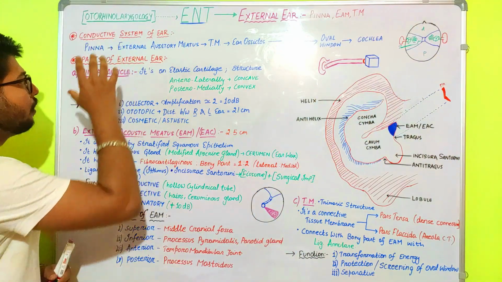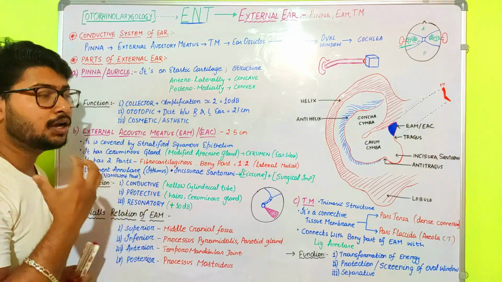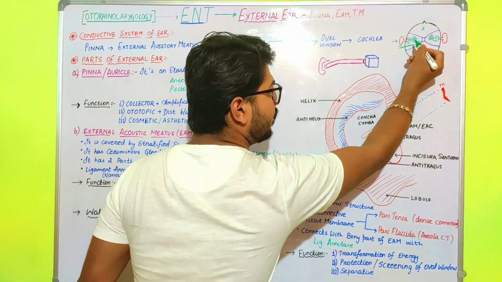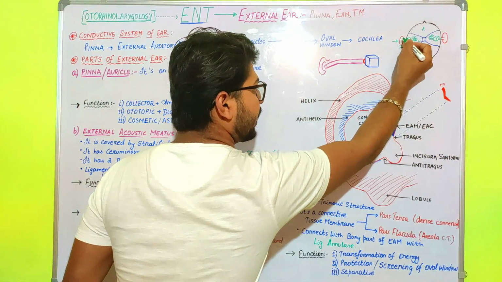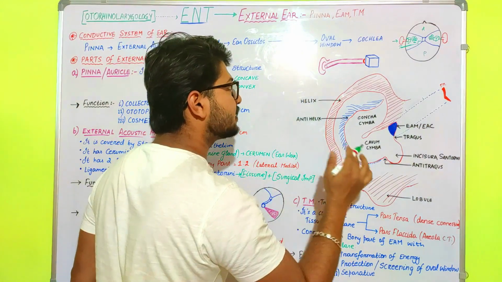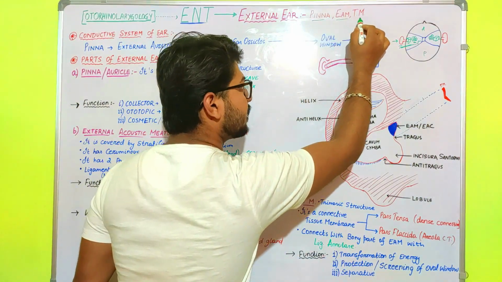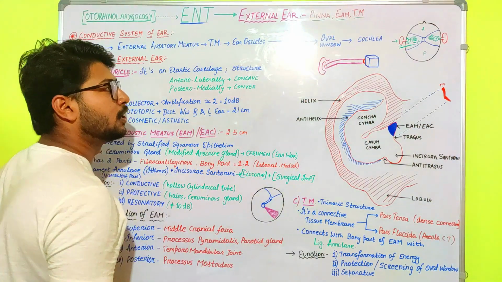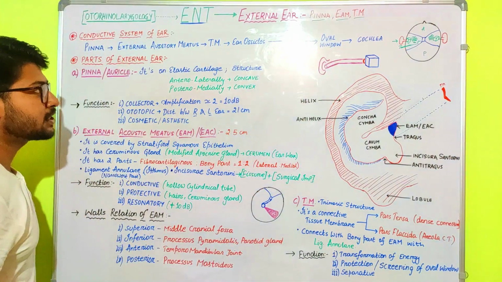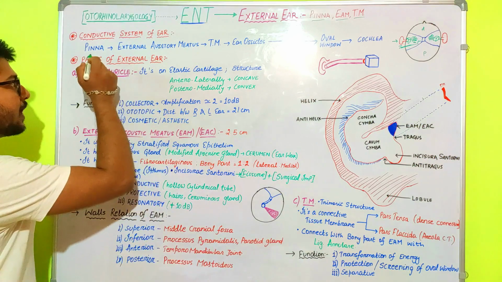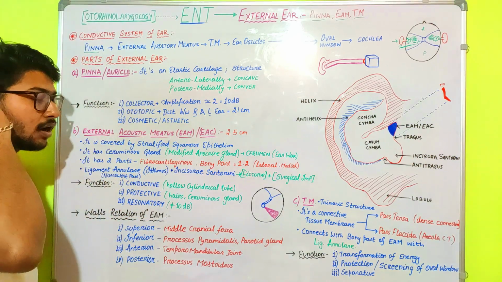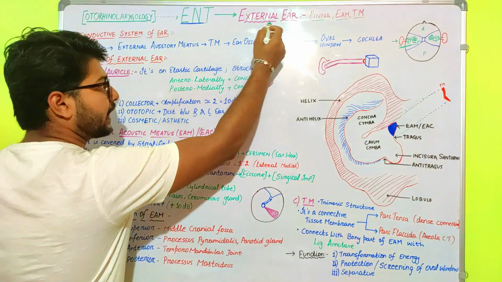So for conduction of sound in the ear, it has to travel from this part till this part. Starting from the external ear, which has three parts: pinna, external acoustic meatus and tympanic membrane. The sound needs to cover these three anatomical structures. First it will be the pinna, the outermost structure of the external ear.